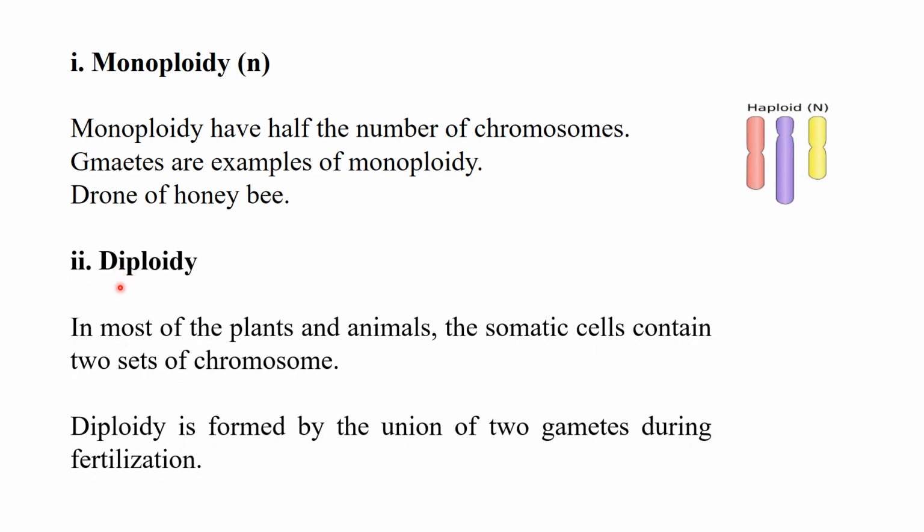Diploidy is the condition in which the chromosomes are in a double set, 2 sets. In most plants and animals, the somatic cells contain 2 sets of chromosomes, and the condition is called diploidy. Diploidy is formed by the union of 2 gametes during fertilization. Gametes have half the number of chromosomes, and when both gametes fuse during fertilization, the haploid condition becomes the diploid condition.